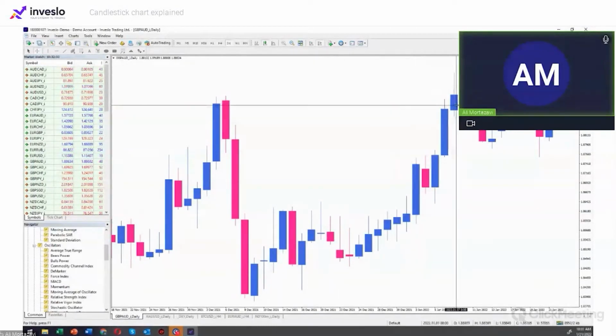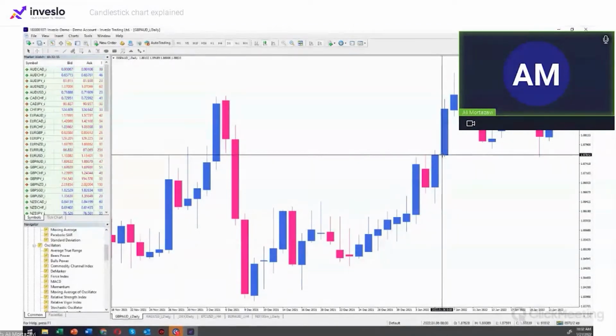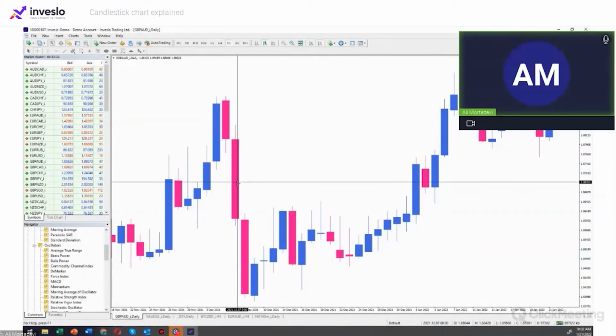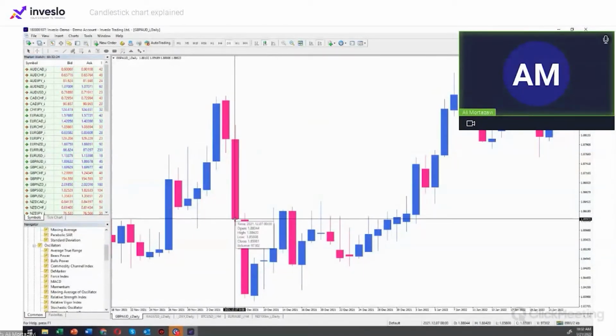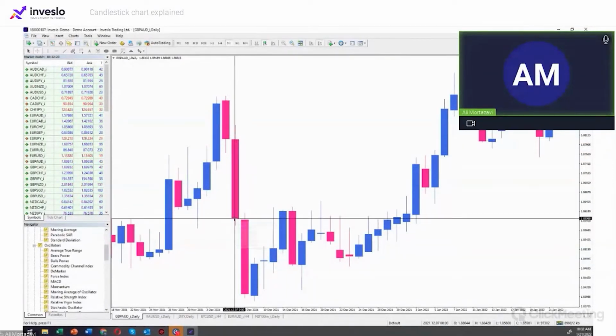For example, you see this is a very long bullish candlestick here. We call it an up day candle. Then we have a long body and the close price is higher than the open price. This candlestick is called the up day. And this candlestick, the red one, which has a close price lower than the open price, is called the down day.